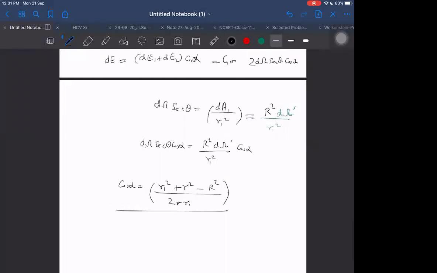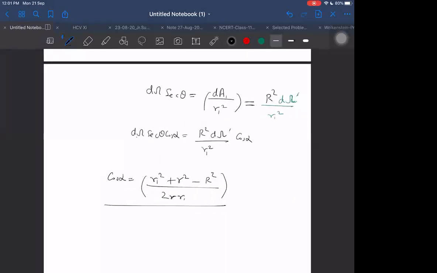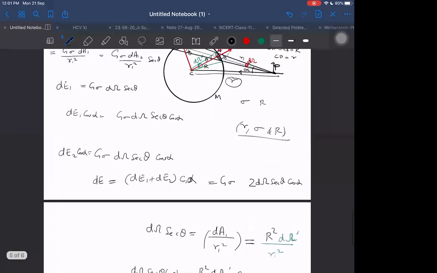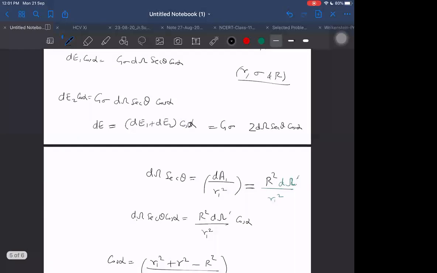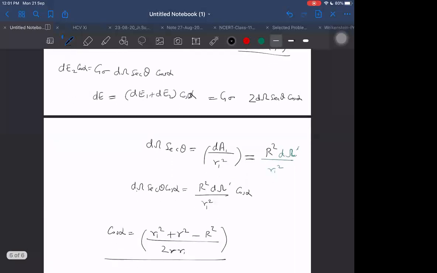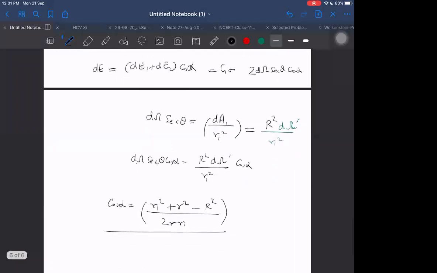That is cos alpha. So we can write cos alpha there, but then it is getting complicated, it is becoming complex.